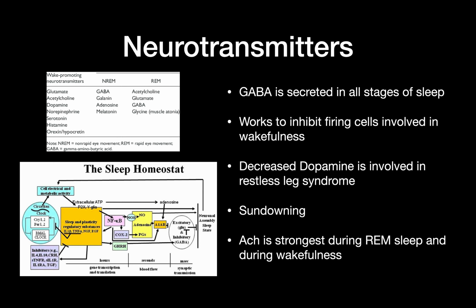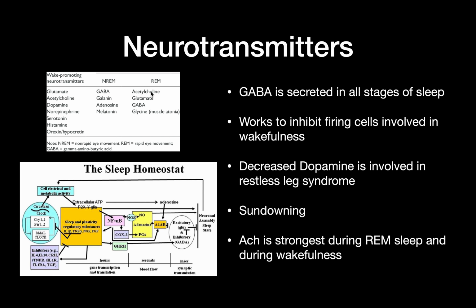Okay, so the wake-producing neurotransmitters are going to be glutamate, acetylcholine, dopamine, norepinephrine, serotonin, histamine, and orexin or hypocretin. These are all of your excitatory neurotransmitters. Non-rapid eye movement sleep is going to be predominantly GABA, galanin, adenosine, and melatonin.